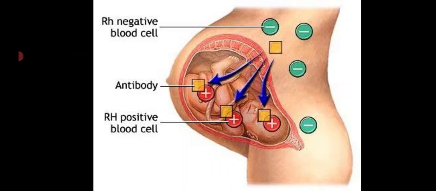But by the time the mother gets sensitized and produces anti-D antibodies, the child is delivered. So by the time the mother produces the anti-D antibodies, the child is delivered. So there is no issue or problem.